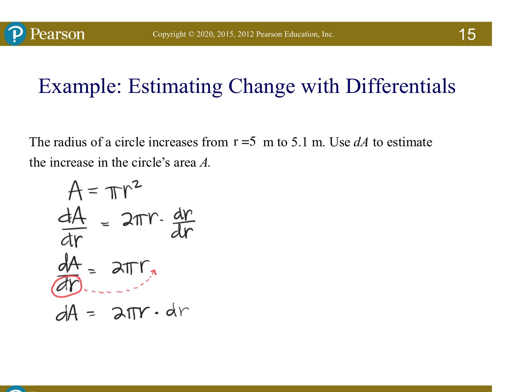The radius of a circle is changed from 5 to 5.1. How will that impact the area? So dA is equal to 2 pi, r is 5, and then dr is how much it is being changed by. So how much is it being changed by? 0.1. Don't put in 5.1, put in how much it is changing by.